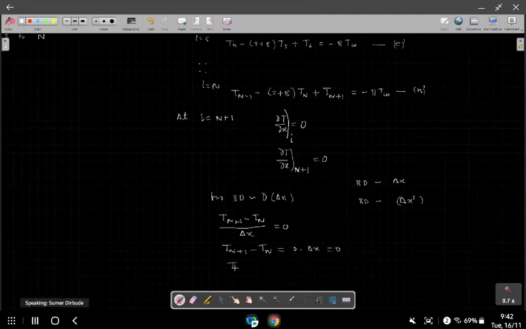So T at n plus 1 is nothing but equal to Tn.